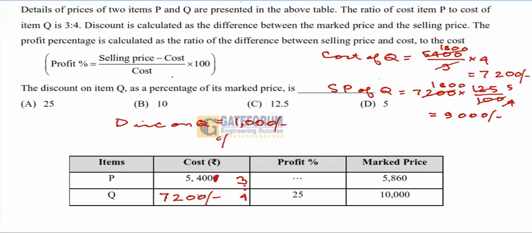So I will say the percentage value would be discount divided by the marked price multiplied by 100, which gives us, as we can see, 10%. So 10% is our answer, and option B is the correct option.